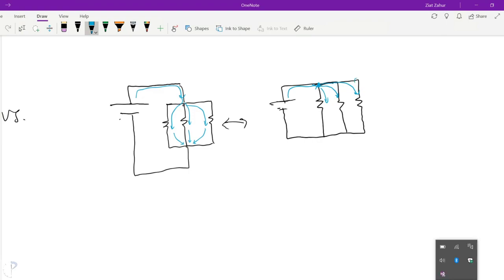Well, this entire spot is a node. So you can just squish it into a dot and combine all three resistors at the top end, and then squish and combine all three resistors at the bottom end. This is node 2.